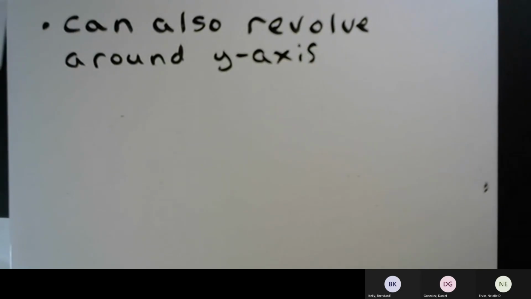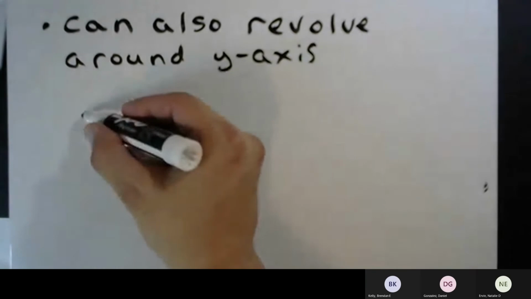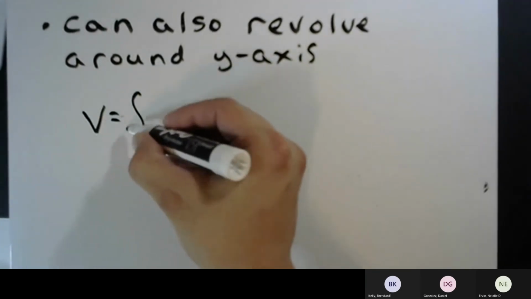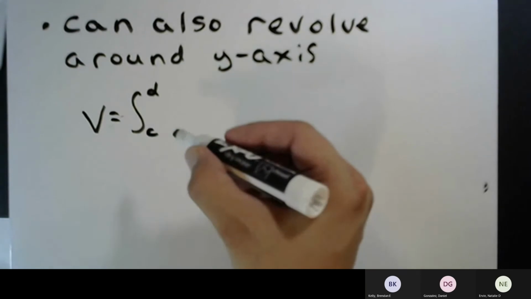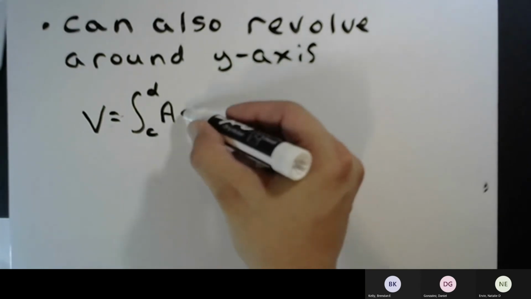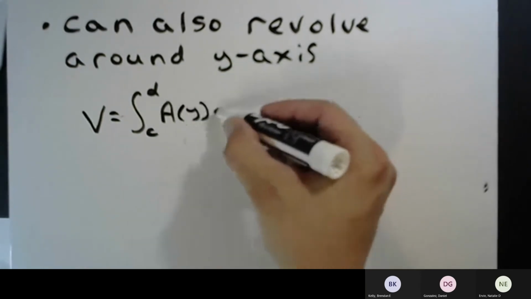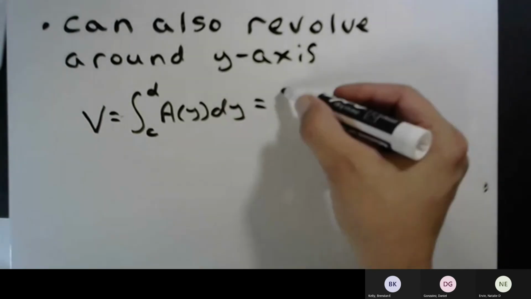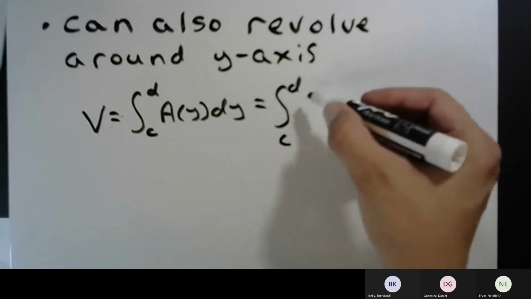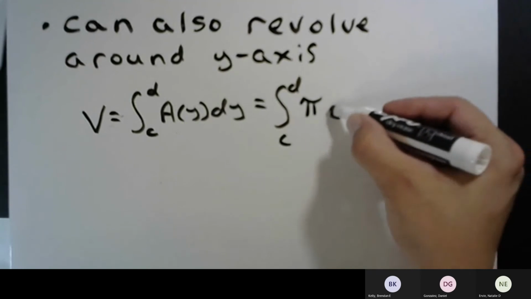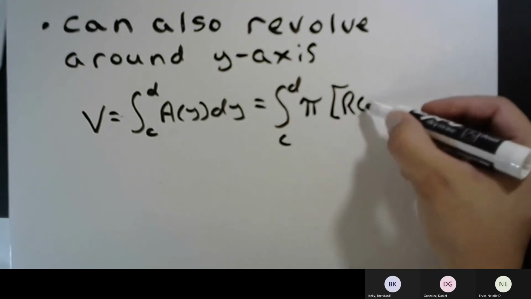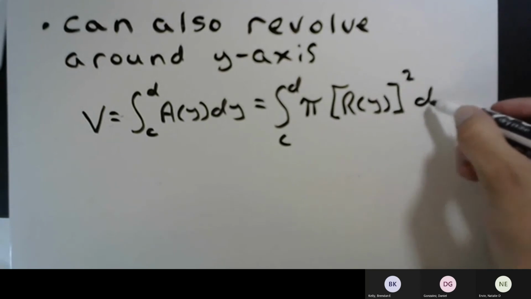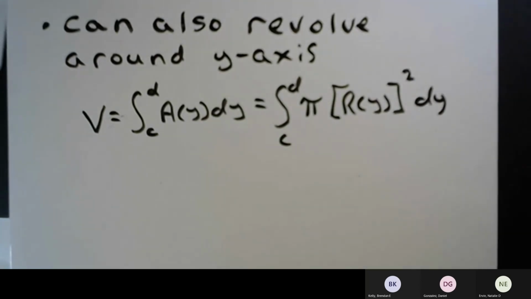And so in this case, we're going to be integrating along the y-axis. So we integrate from c to d, A of y dy, or the integral from c to d of pi r of y squared dy.